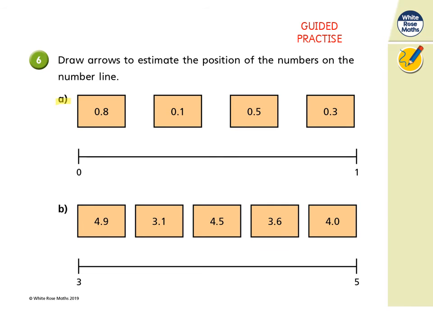So if I have 0 there, I'll have maybe 0.1 there, 0.2, 0.3, 0.4, 0.5. Now actually I can see that 0.5 is not in the centre, and I know that 0.5 is in the middle of those two numbers. So what technique I would use is first of all draw my halfway line between 0 and 1.